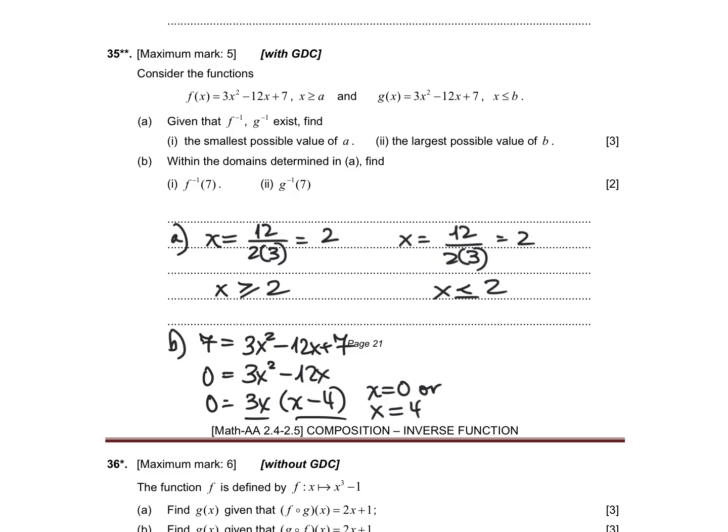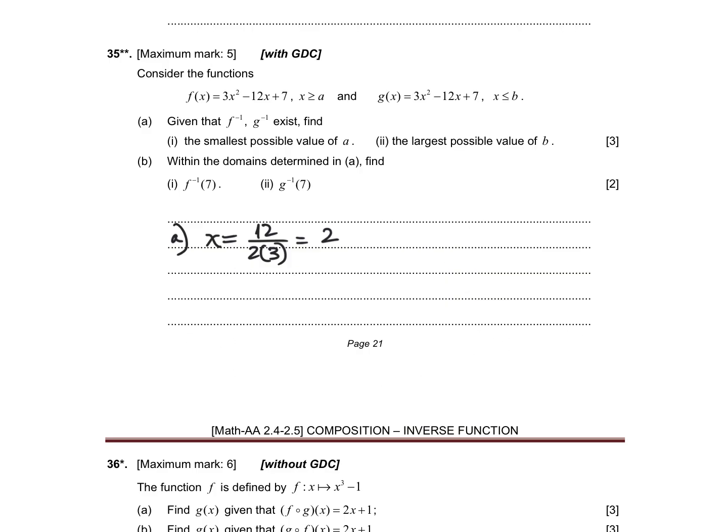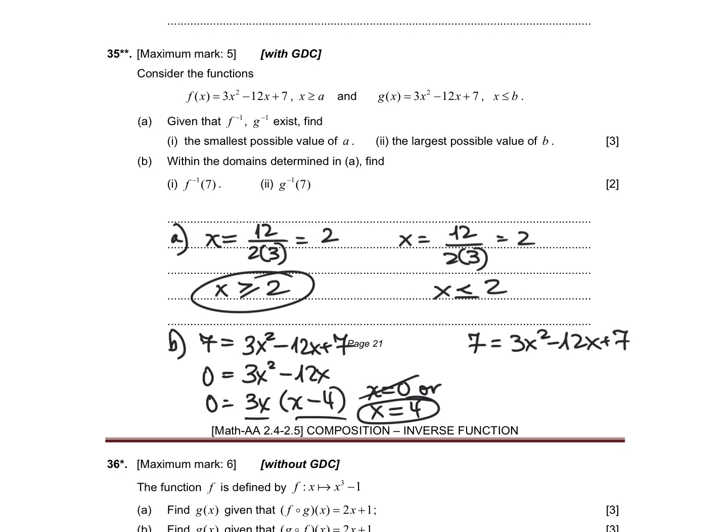And clearly, x equals 0 cannot be one because our domain is greater than 2. So only x equals 4. And with g, we have 3x squared minus 12x plus 7.